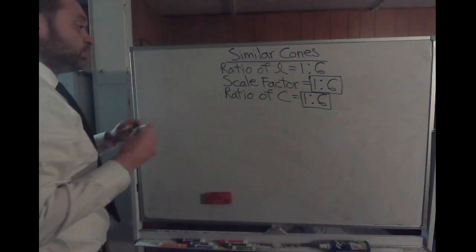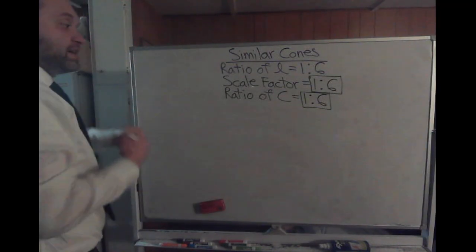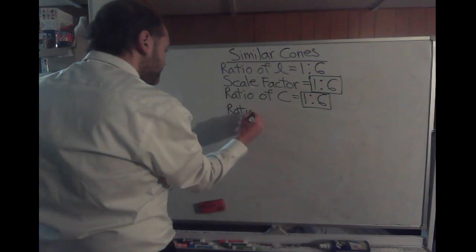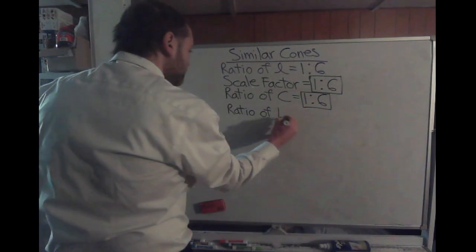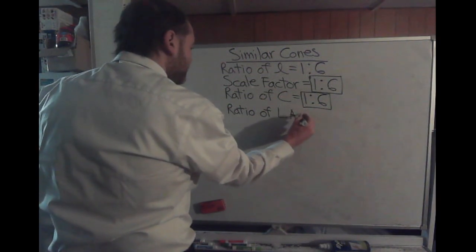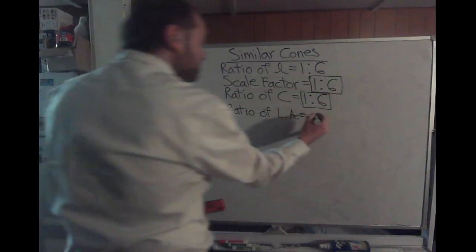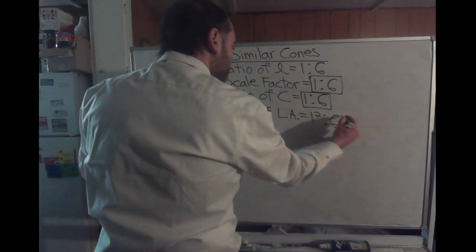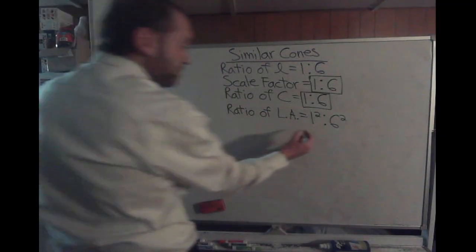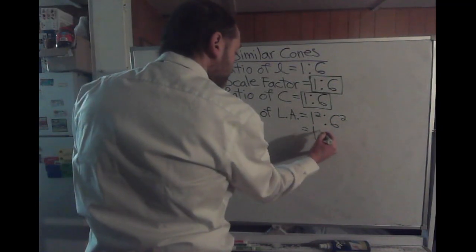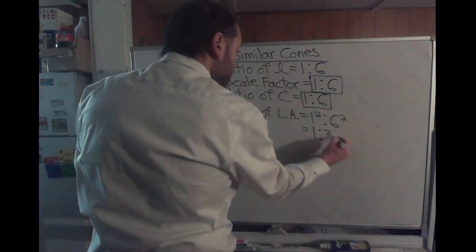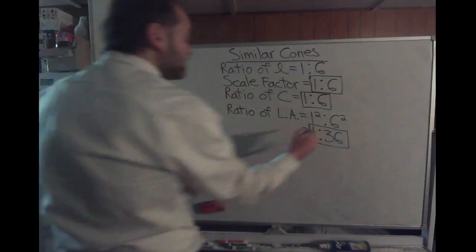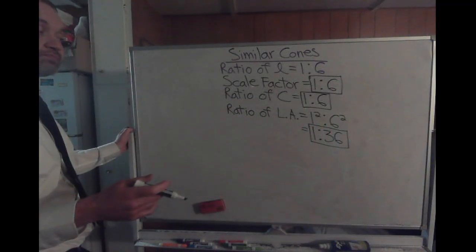Now, we're going to next find the ratio of the lateral area. The ratio of the lateral area is, again, you take each part of your scale factor, raise it to the second power, so it'll be in the ratio 1 to the second power to 6 to the second power, which would simply give you a ratio of 1 to 36. So the ratio of lateral areas would be 1 to 36.